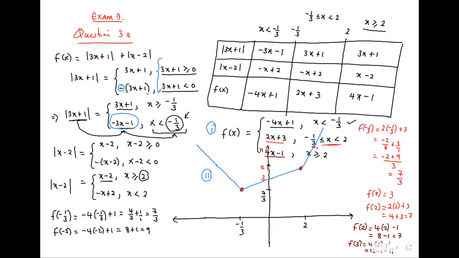The issue of signs is here, in this piece and this. The one that gives us greater or equal to, the function will be positive. The one that says less than 0, the function will have a negative. It is the function which will have a negative and not the inequality. So the inequality is not affected by the negative.